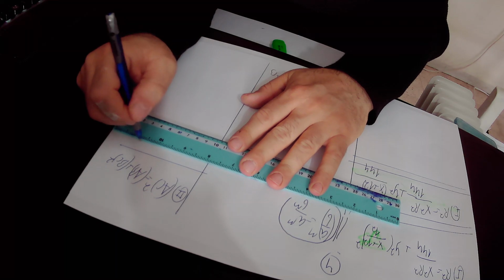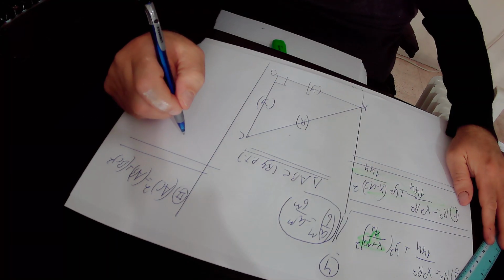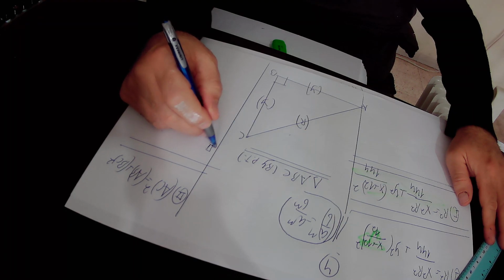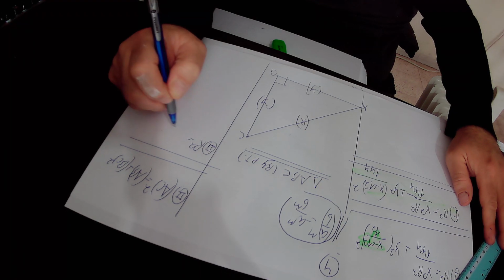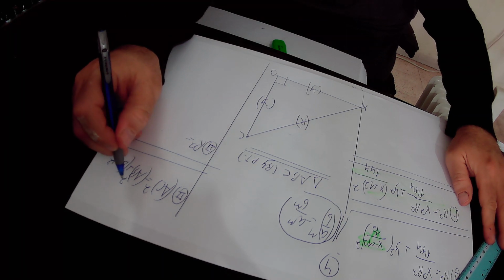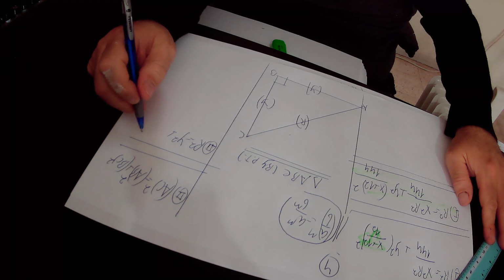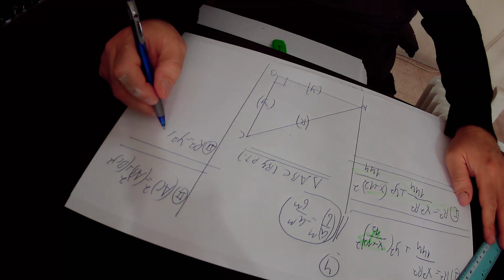AC is r, therefore AC square is r square. AB is y, therefore AB square is y square, plus BC square. BC is also y, therefore BC square is y square.